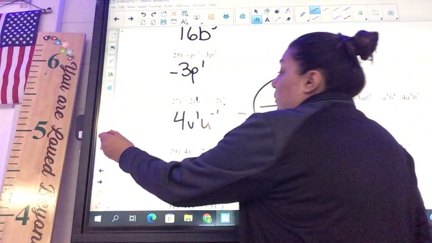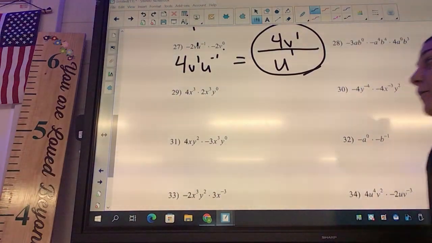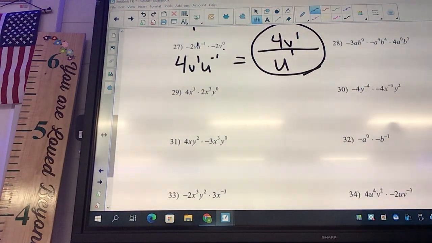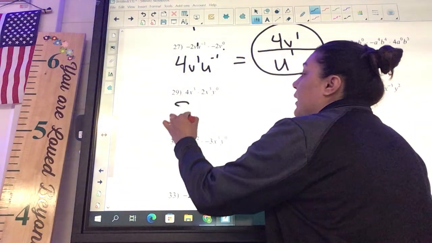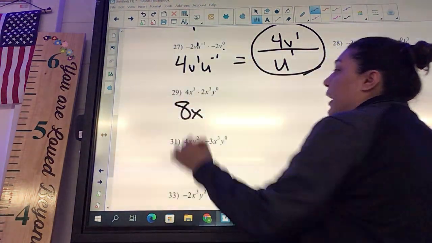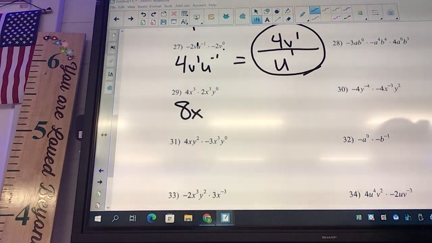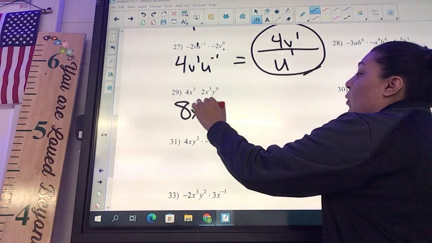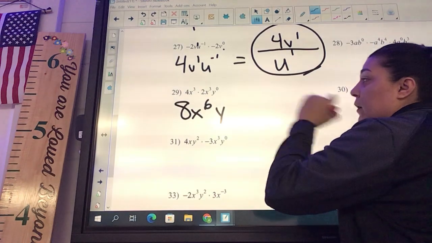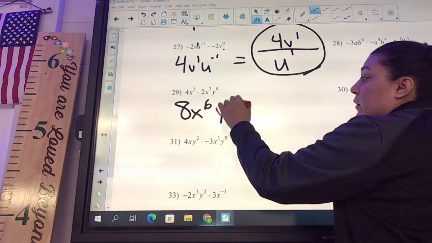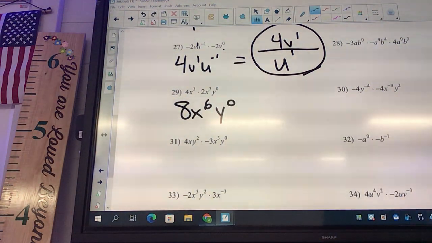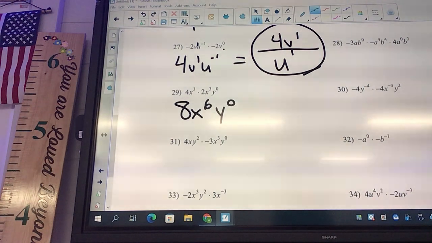Okay, 29. Multiply your base. 8. Okay, and then look at each variable. So we got x. What's my x gonna be? 6. What about my y's? 0. Okay, what is y to the 0? 1.